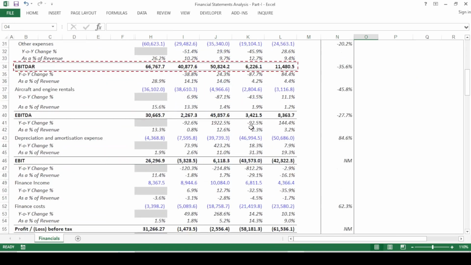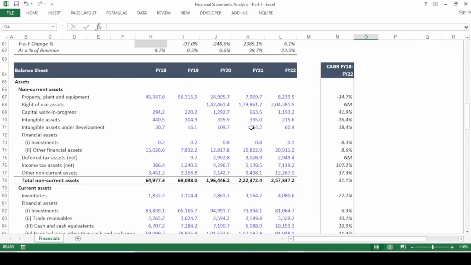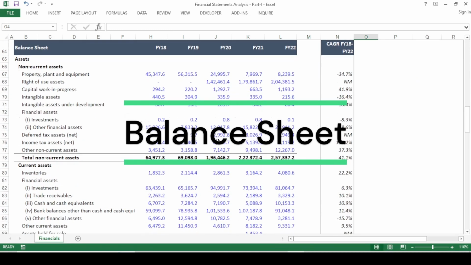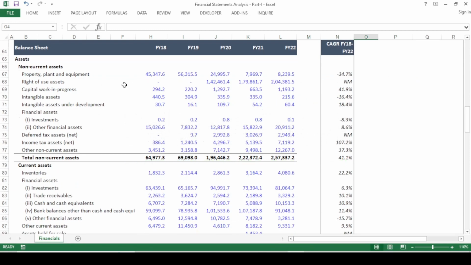Now, after the income statement, we move on to the balance sheet here. So the balance sheet consists of the assets, the liabilities, and the equity. So assets are nothing but the resources that the company or maybe an individual owns, and out of which an economic benefit is expected for the future years or the future periods.